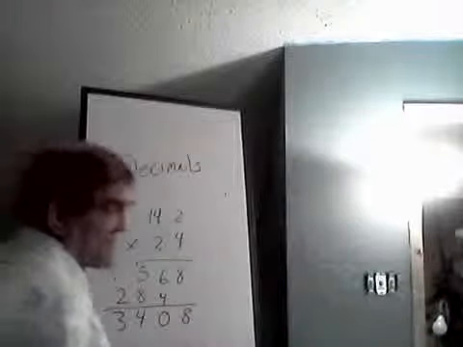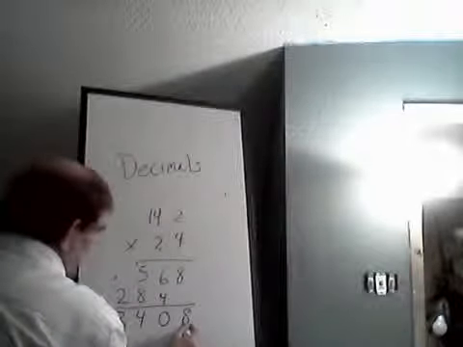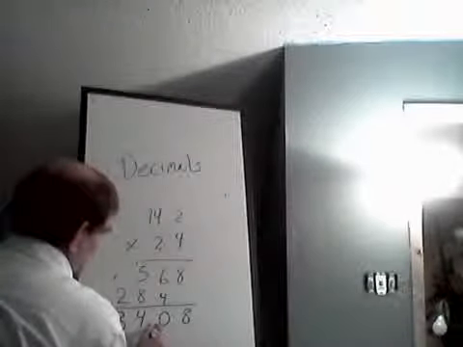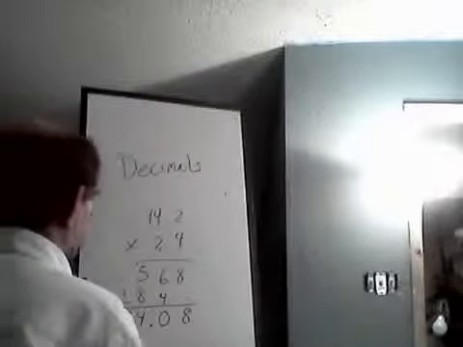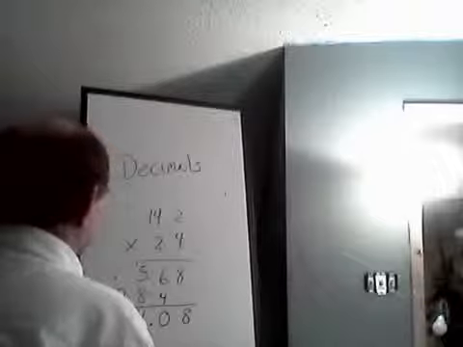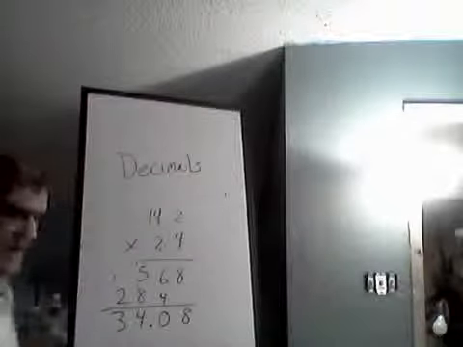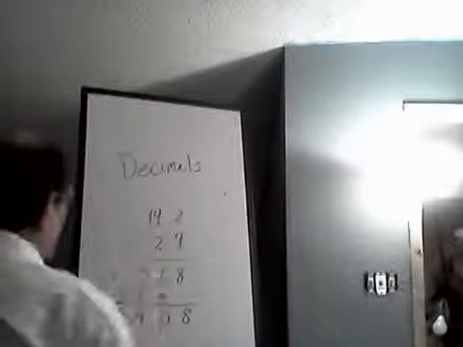What does that mean? It means when you get down here, the answer, you go 1, 2, and then you put your decimal right here. You have 34.08. Okay? You see what I did there? 34.08. Now, I know it seems like an amazing number, but that's what you do when you're multiplying like that.